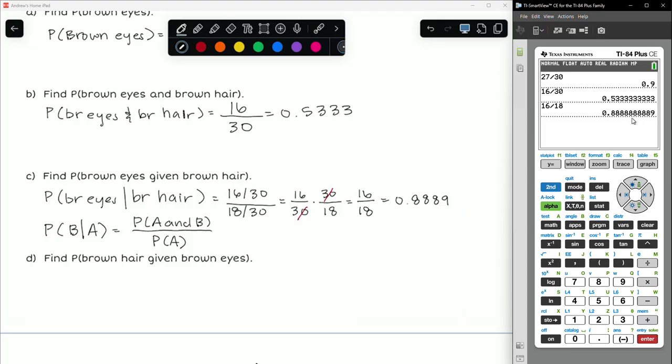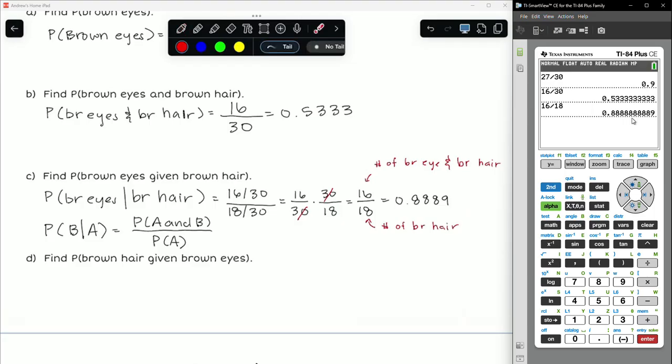You'll notice in this fraction that we have at the end, that's the number of brown eye and brown hair kids, and this is the number of brown hair kids.